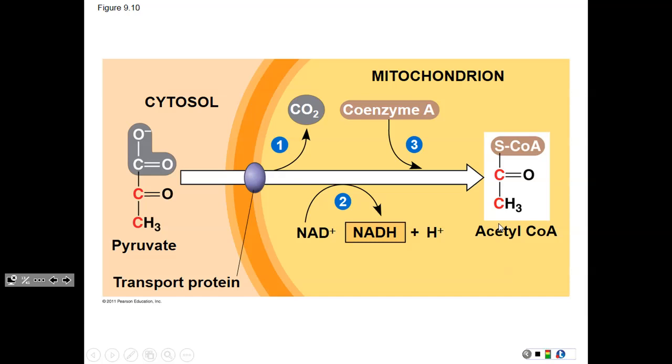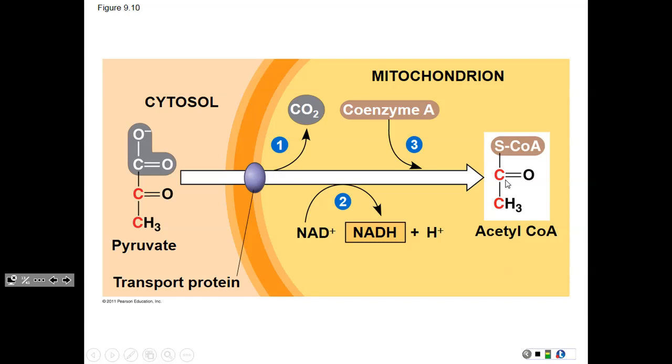Hans Krebs was all over using radioactive isotopes. He used radioactive isotopes of carbon to figure out what was going on in the citric acid cycle. And here, these red carbons, it wouldn't be such a bad thing if you pictured that red as being sort of like glowing radioactive red.